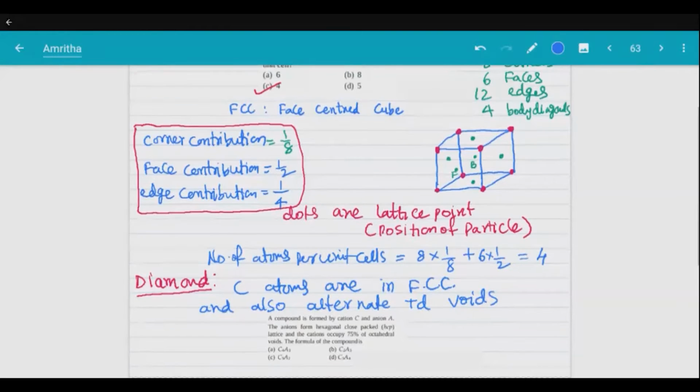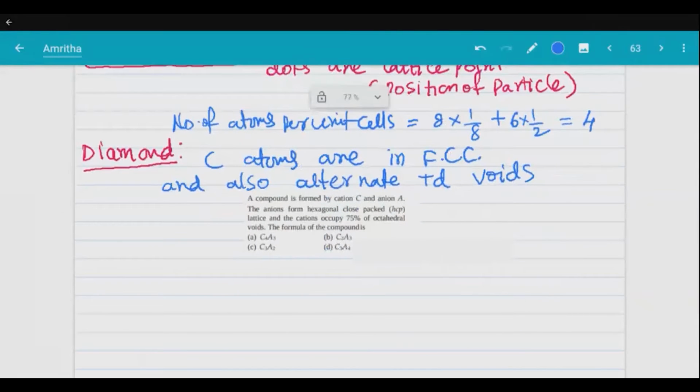Okay, tetrahedral voids. What does tetrahedral void mean? Because when you place the atoms in 3D, there are some spaces created because atoms are assumed as rigid spheres.